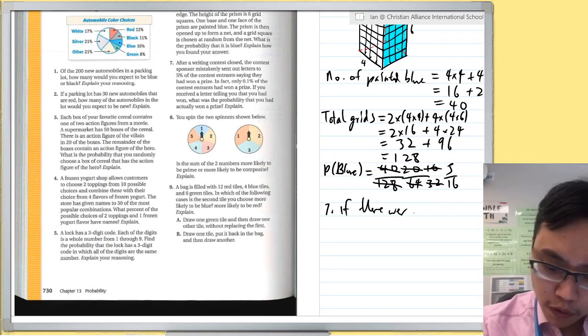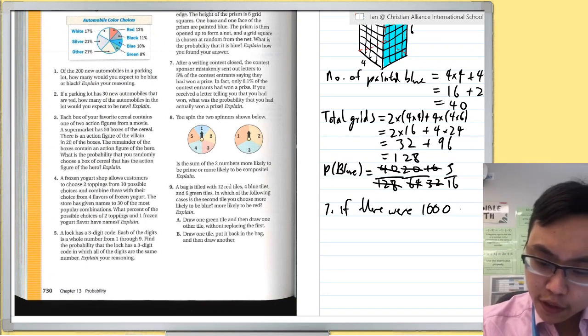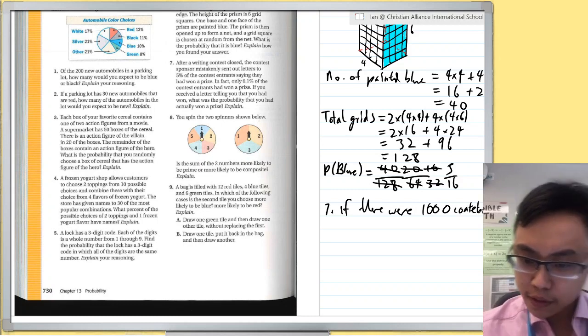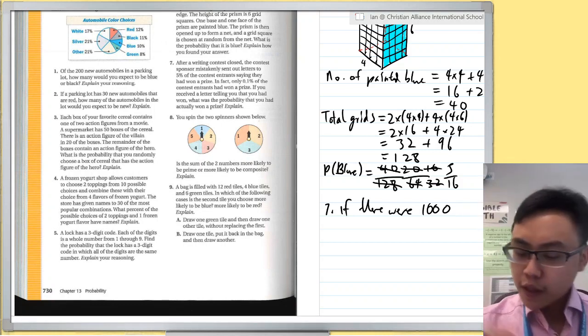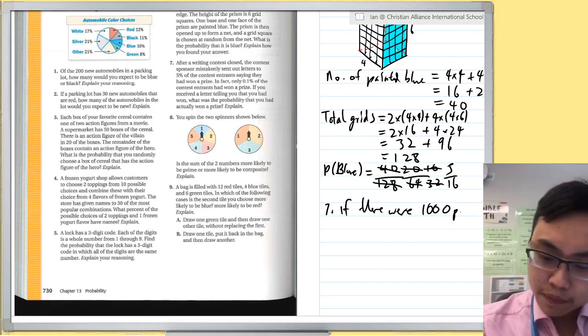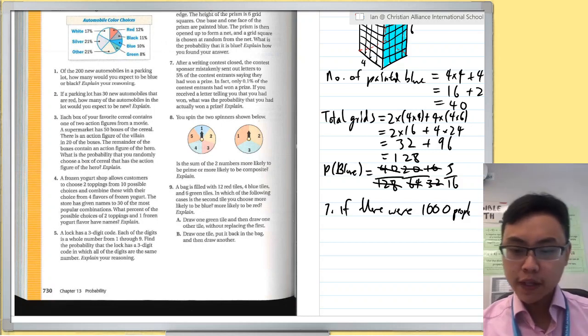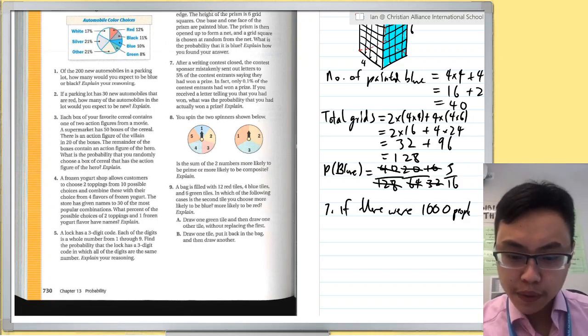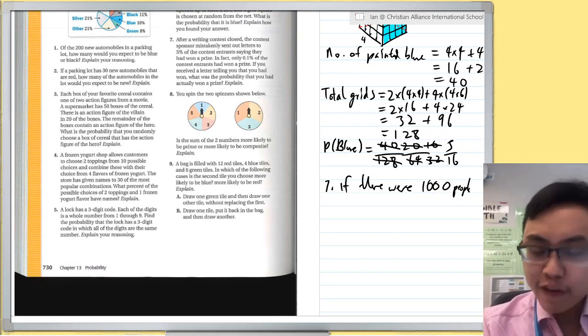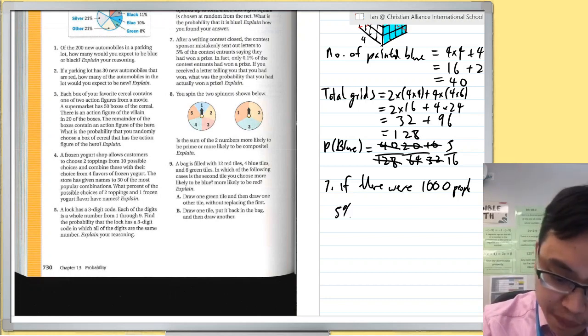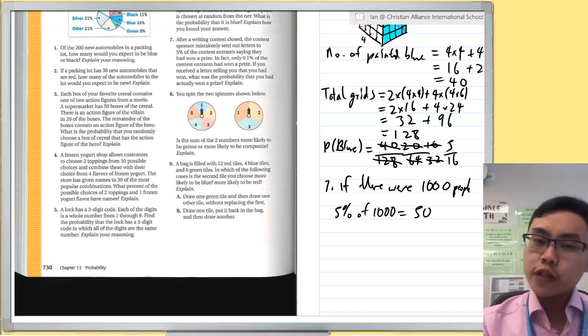They sent out letters to 5% of them. So how many is that? 5% of 1,000 is equal to 50. So they sent out 50.